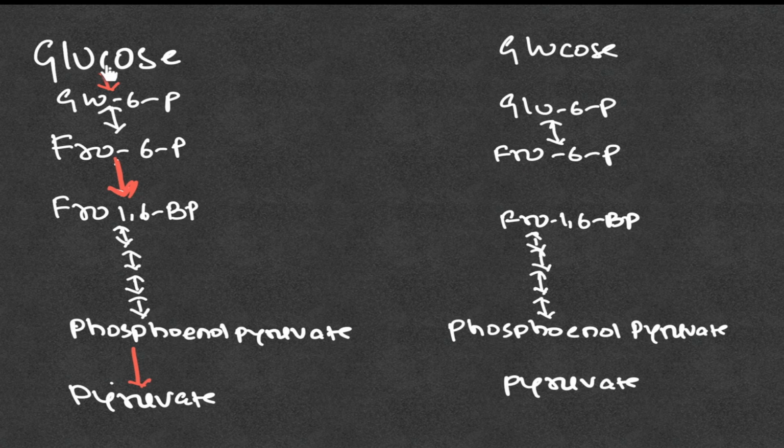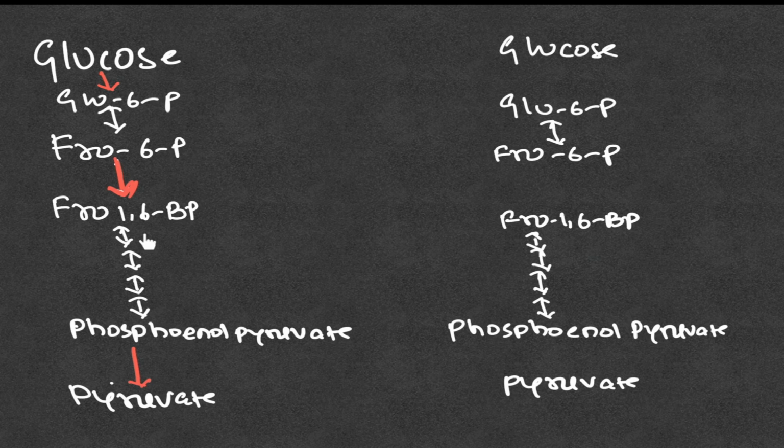In the conversion of glucose all the way to pyruvate, as I told you, you have to remember three irreversible reactions in glycolysis. Those irreversible reactions I have marked with red arrows here. The rest of the reactions are reversible, so you don't need to go into the details of those as long as you know the glycolytic reactions.